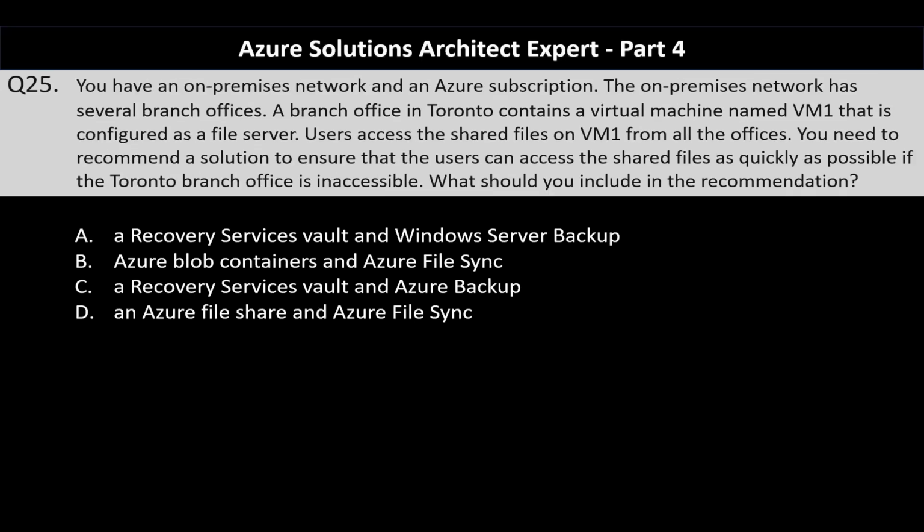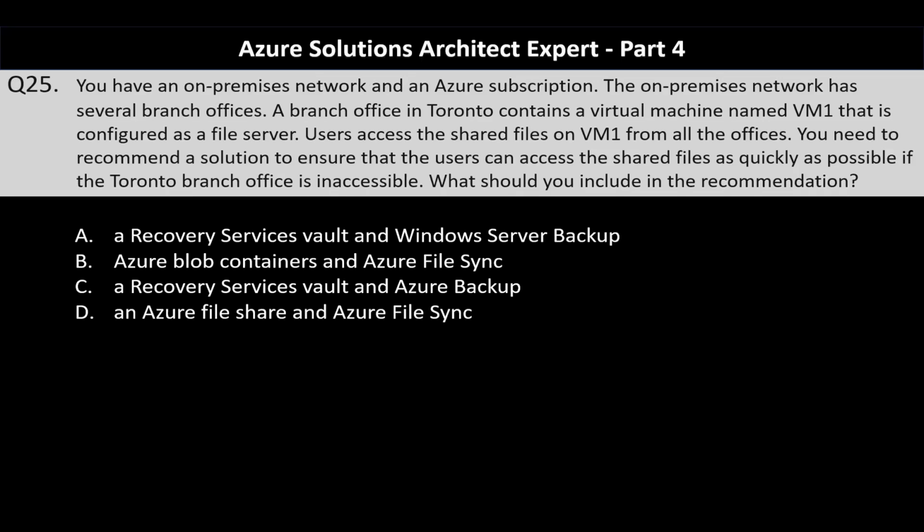You have an on-premise network and an Azure subscription. The on-premise network has several branch offices. A branch office in Toronto contains a virtual machine named VM1 that is configured as a file server. Users access the shared files on VM1 from all the offices.